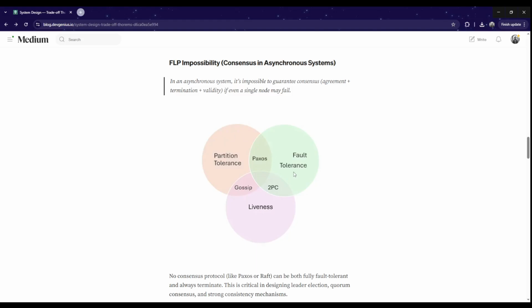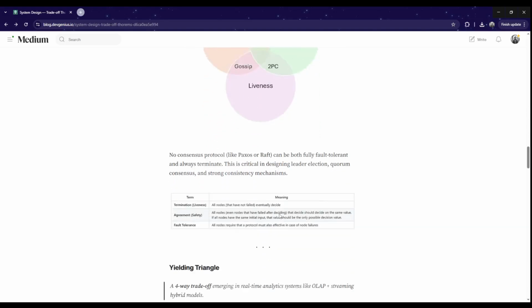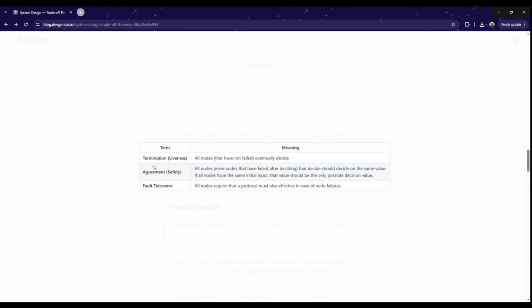So for example, we can't have a system which is fault tolerant and always has a terminating state, and can support partition tolerance, so can support loss of a node. Based on these, we have different systems. Let's first discuss the attributes which are there.